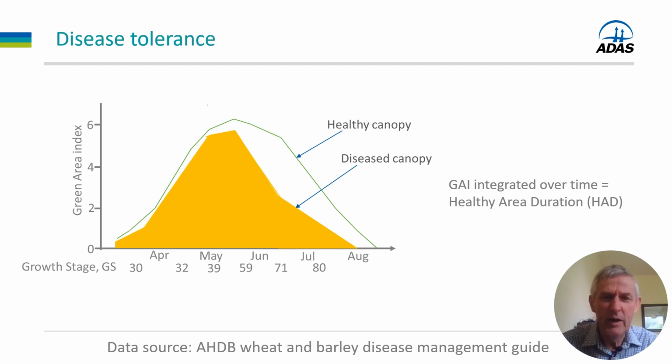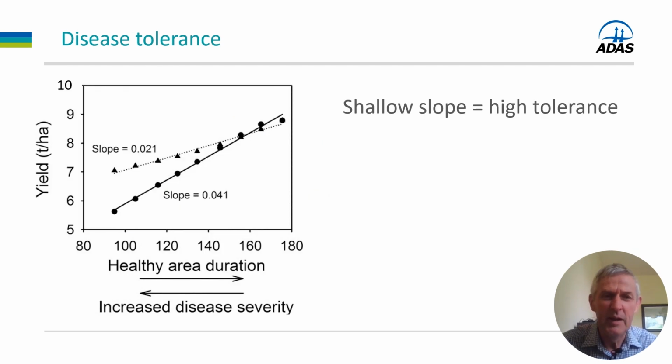Now, if we go to a set of replicated field trial plots with a range of varieties, and we measure their healthy area duration over time like this, and we do that in plots which have been very intensively treated with fungicides, so they're protected from disease and healthy, and in other plots that are either less well protected or not protected at all, so they become heavily diseased, then what we can plot is a chart like this hypothetical example here.